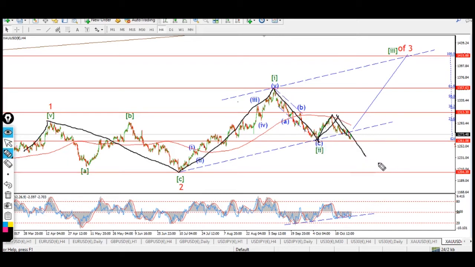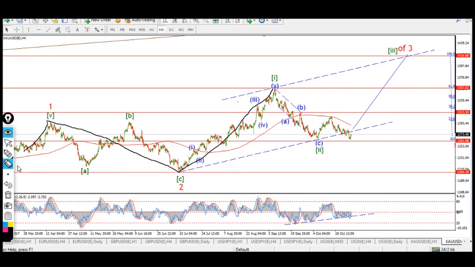There is an alternative count here, which could see this being an A, B, and a C, where we get again a higher low off 1204. I don't favor that at the moment. I still think that we'll see an acceleration phase sooner rather than later, just given a feeling in the pit of my stomach.